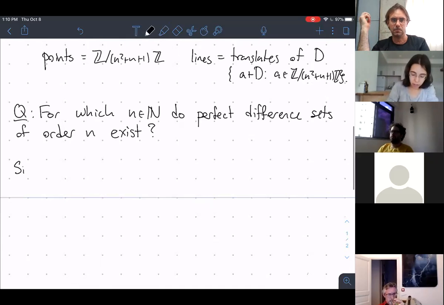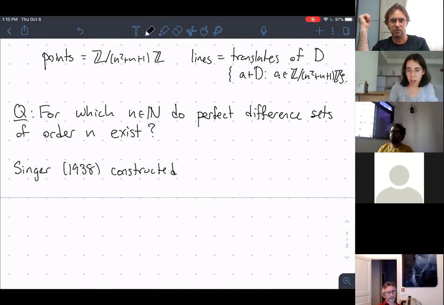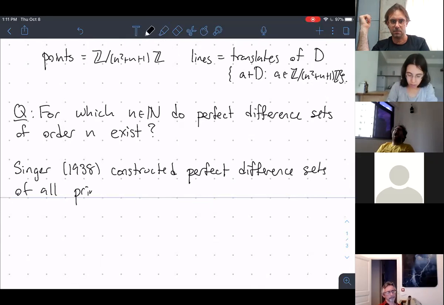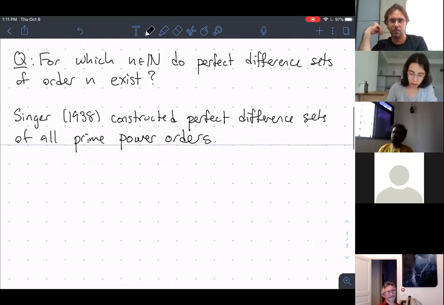Singer in 1938 constructed examples of perfect difference sets of all prime power orders.